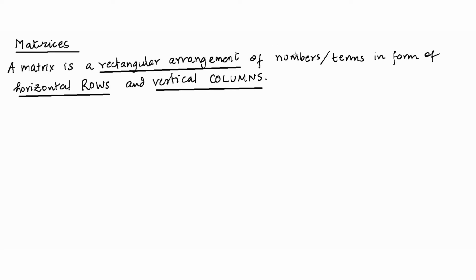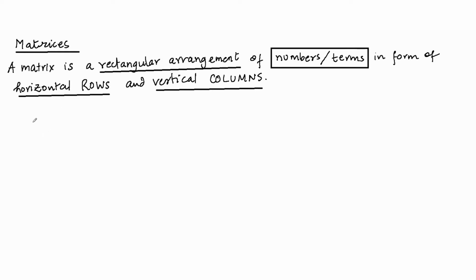And the objects that you are going to arrange can be algebraic terms, or numbers, which means they could be constants, or variables, or functions, or certain operations, and so on. So such an arrangement in form of horizontal rows and vertical columns is called a matrix.